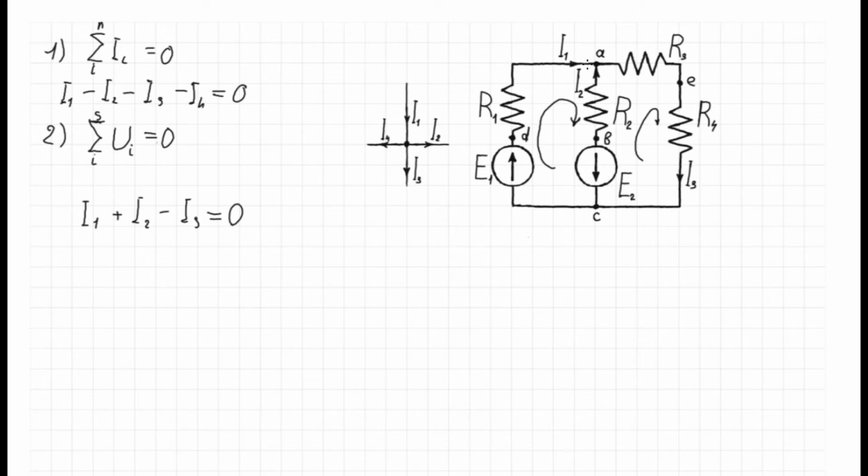And the direction of currents we should take arbitrarily, similar to how we take the direction of the loops, clockwise. Okay, it is needed to choose the signs for currents in our equations.